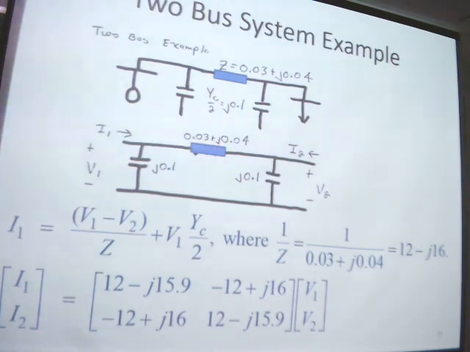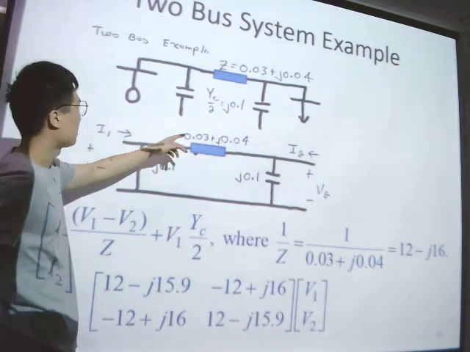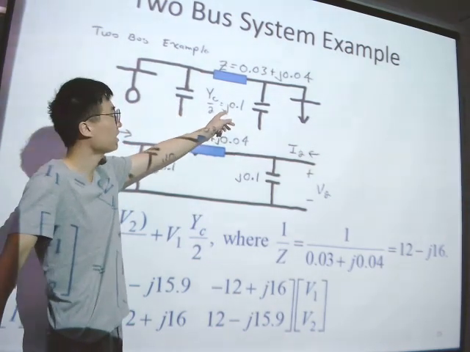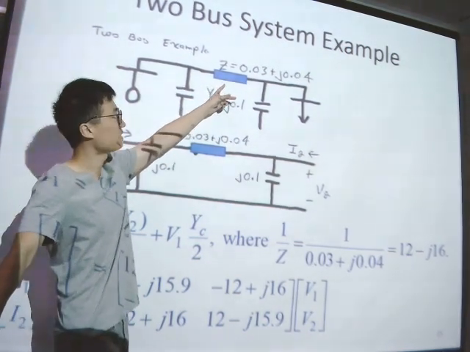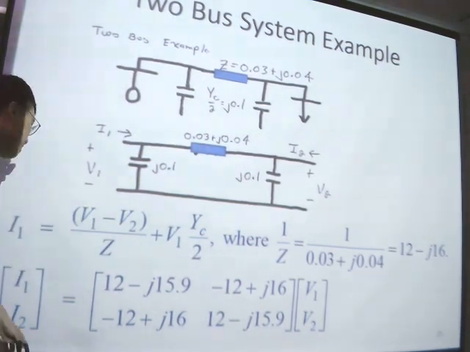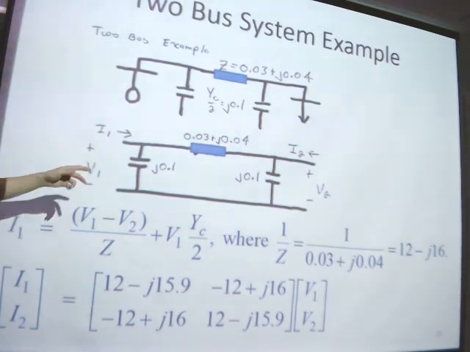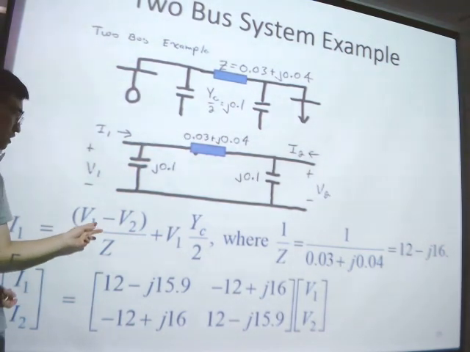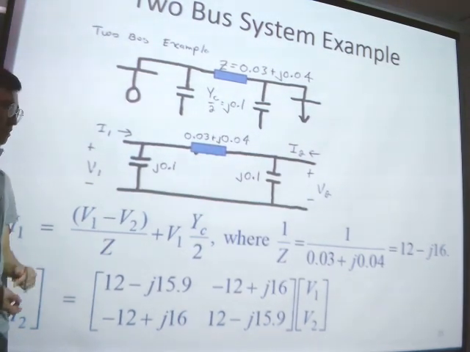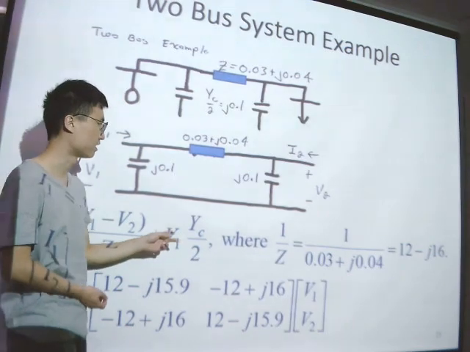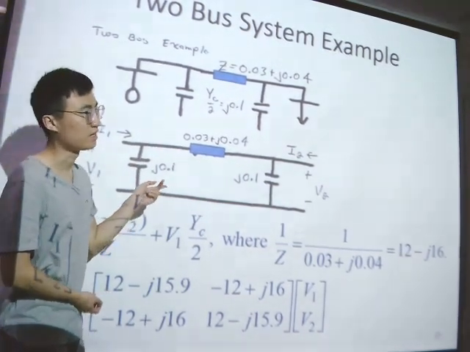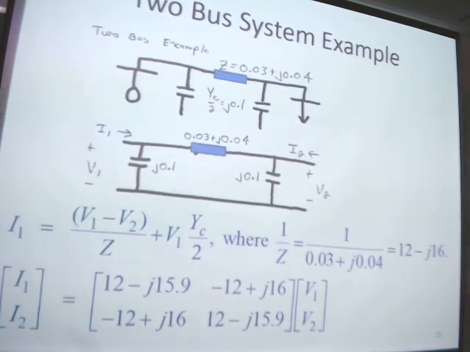Okay, so I'll take one example. Assume that the capacitor here is 0.1j, and the impedance here is given, okay? For the current I1, it is the voltage difference between the two nodes divided by the impedance, plus the voltage here multiplied with the admittance of the capacitor, right?